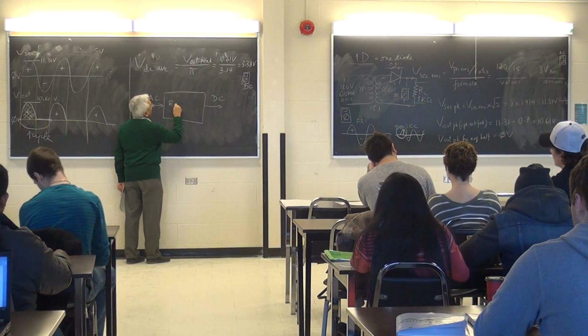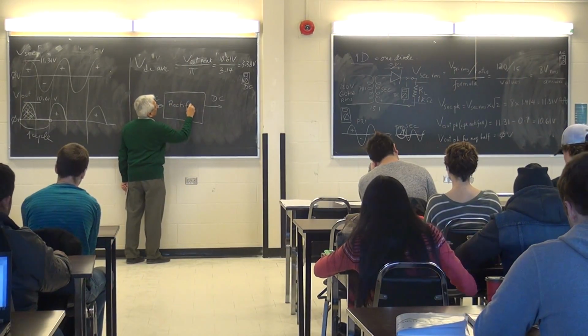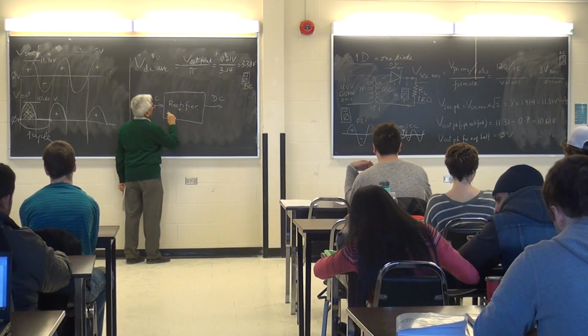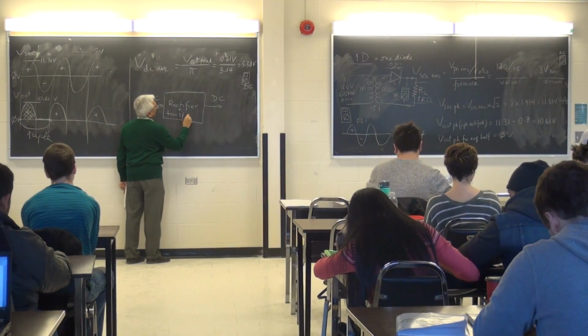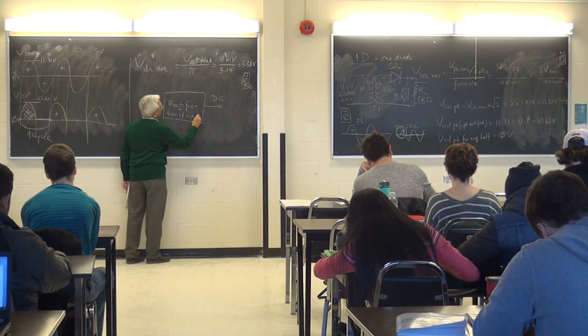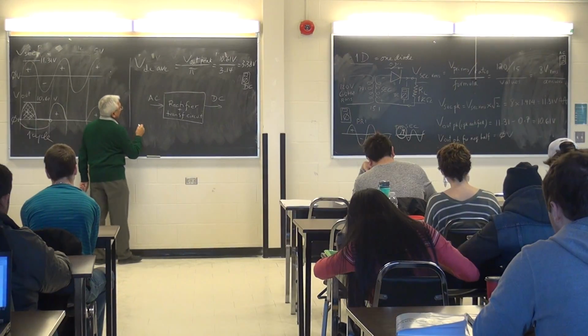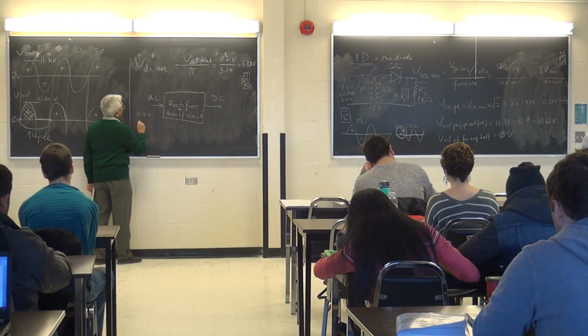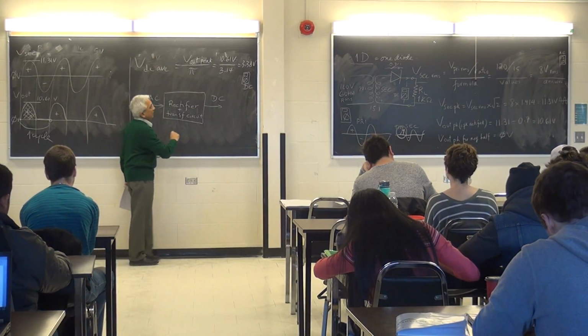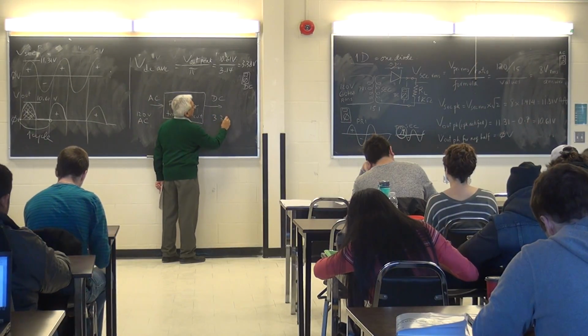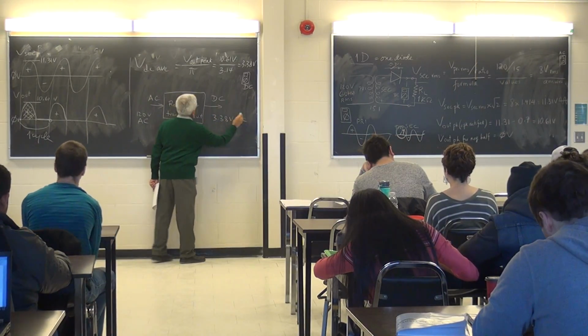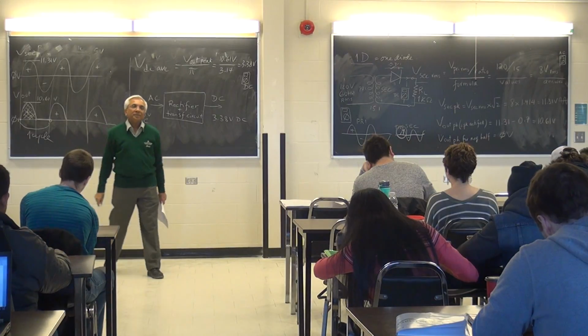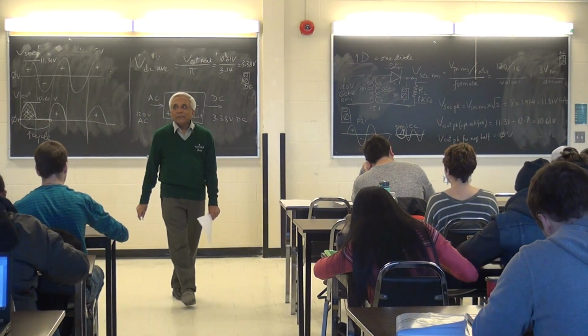And this is my rectifier circuit. Okay, so in comes 120 volts AC, out comes 3.38 volts DC. That's what's happening here.